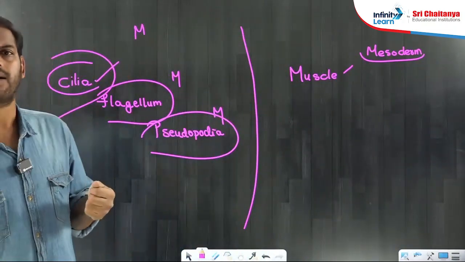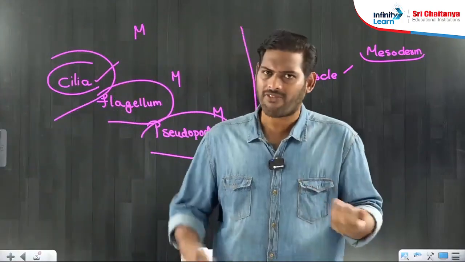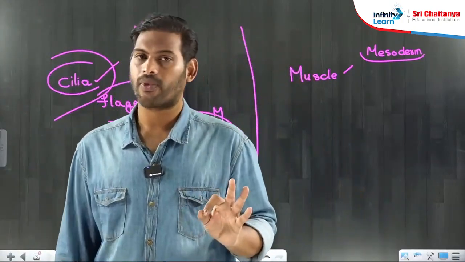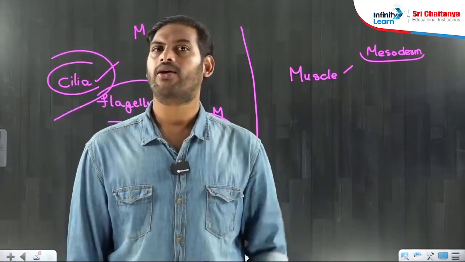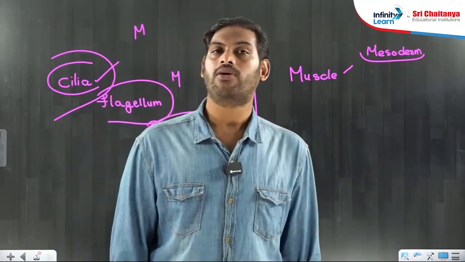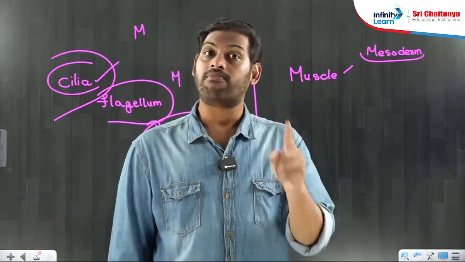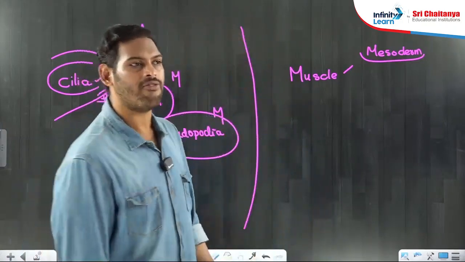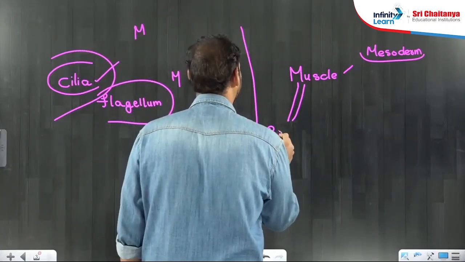The question was, does muscle perform locomotion all by itself alone? No. If a muscle has to listen to you, if it has to act according to your will, that muscle must definitely be attached to a bone or cartilage.